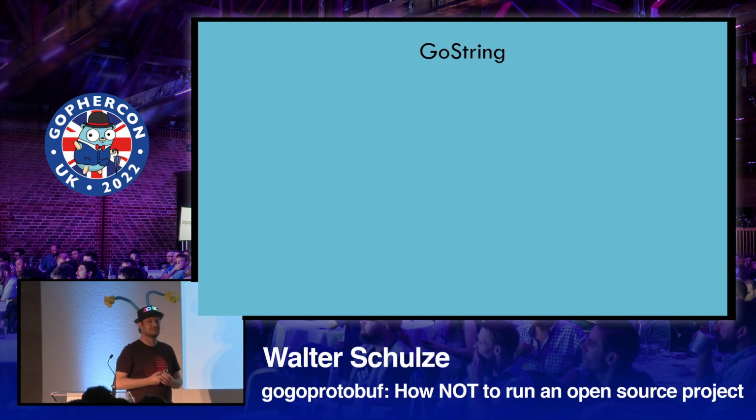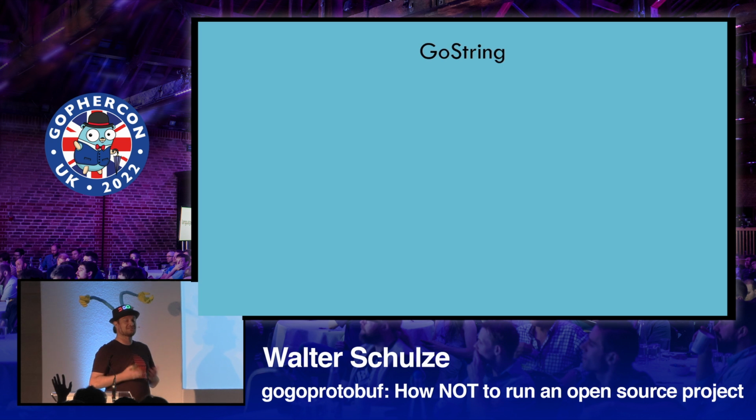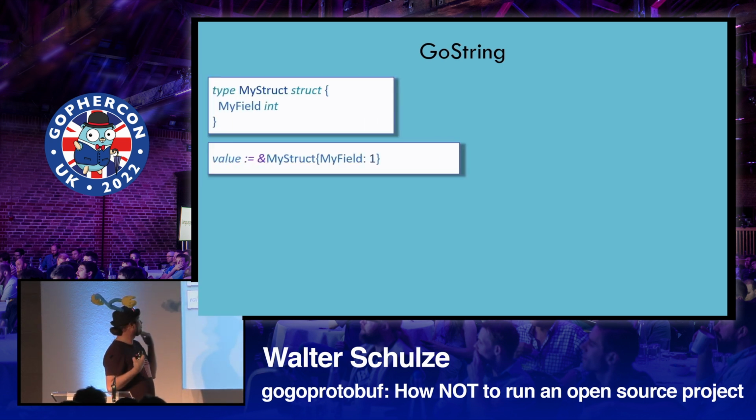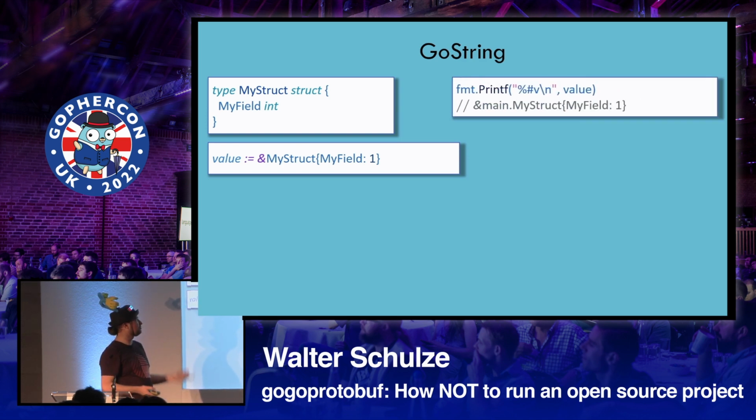Who here knows the GoString method? Yeah, and who's lying? Really? Come on, let's try again. Who here knows the GoString method? Okay, that's very interesting, actually. So when you have a struct and you populate it with some values, you can print it out using %#v, right?